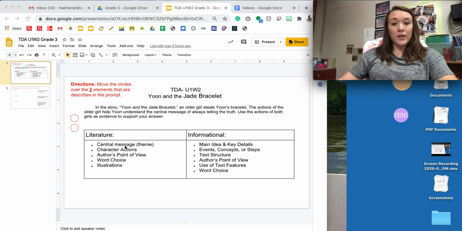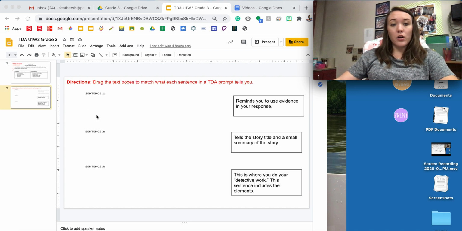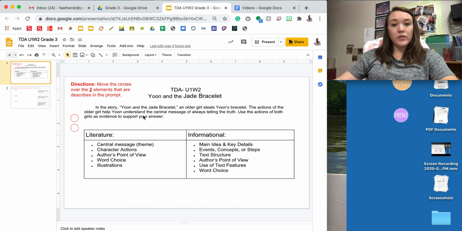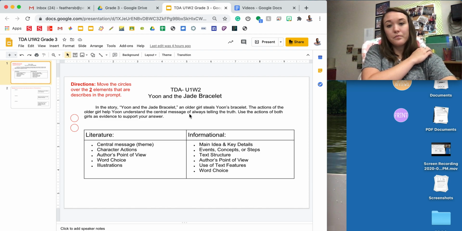Let's take a look at this prompt for our big story of the week. The prompt reads, in the story, Yoon and the Jade Bracelet, an older girl steals Yoon's bracelet. The actions of the older girl help Yoon understand the central message of always telling the truth.